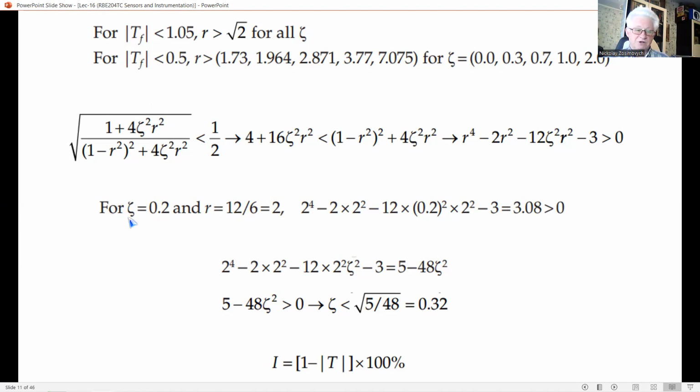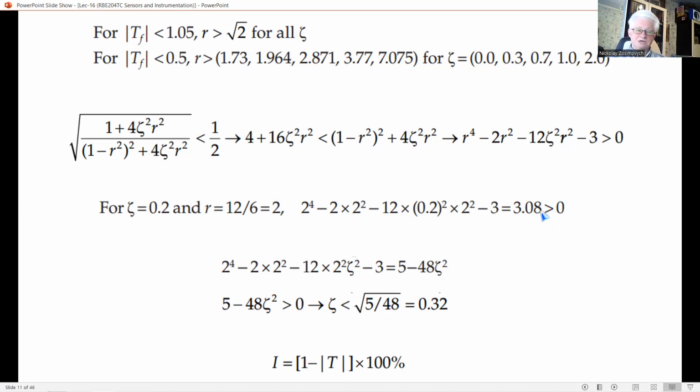For theta equal 0.2 and r as 12/6, which gives us 2, this expression computes to 2 to the power 4, minus 2 times 2 to the power 2, minus 12 times 0.2 to the power 2 times 2 to the power 2, minus 3. These values give us 3.08. It's higher than this, right? And hence, the requirement is met.